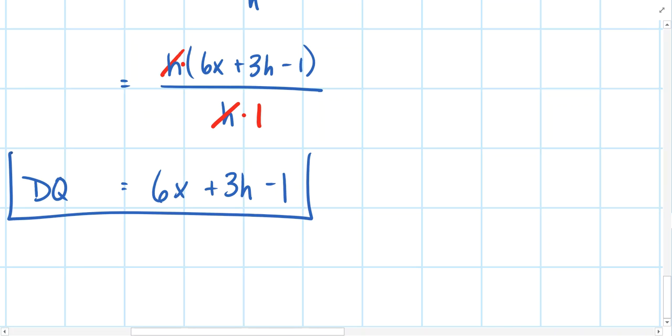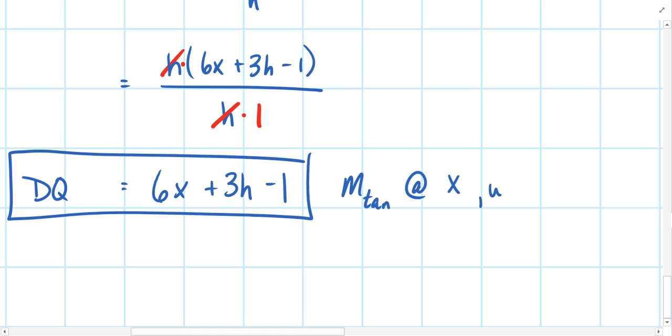And the benefit to having this difference quotient reduced is that it allows us to calculate the slope of the tangent line at any point x, with h equal to 0. We can now specify our horizontal distance between some point x and some other point next to it with a horizontal distance of 0.